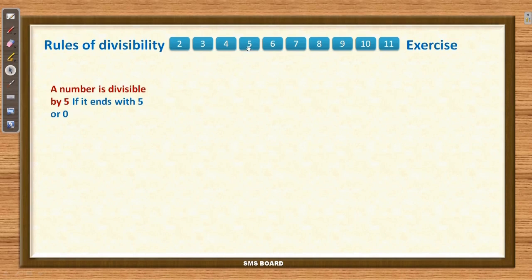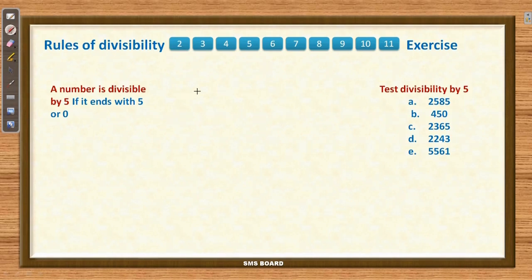So we will check some problems in the exercise. The first problem is 2585. In this number, what is the last digit? The last digit is 5.